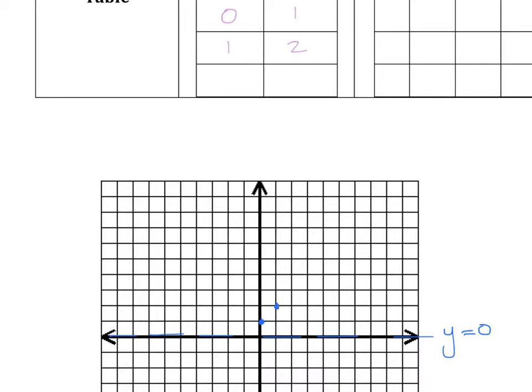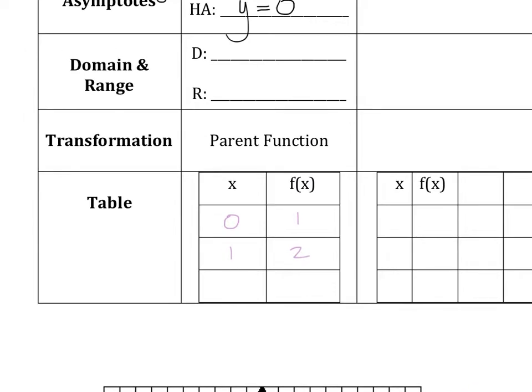So again, my graph is going to be so close to the asymptote and go up this way. Now, as you can see, horizontally, there's nothing stopping my graph. So it goes on forever to the left, and it continues up forever to the right as well. So my domain in this case is going to be from negative infinity to infinity.